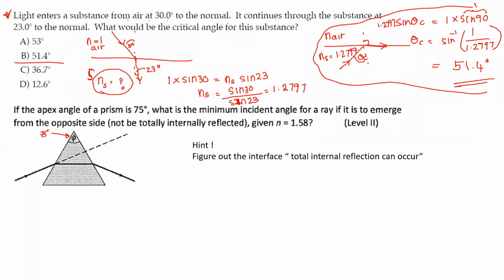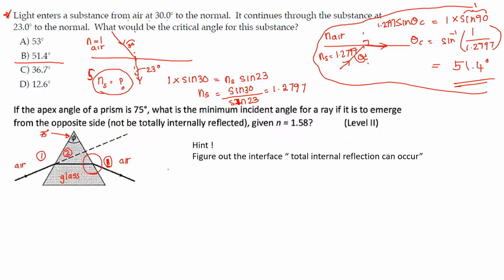So there are two surfaces, right? There are two interfaces where refraction happens. This is the first interface, when it goes from air to, let's say, glass. And the second interface is when it goes from glass to air again. So what is your critical surface? What is the surface that will decide if your ray will be internally reflected or not? This surface, the second surface.